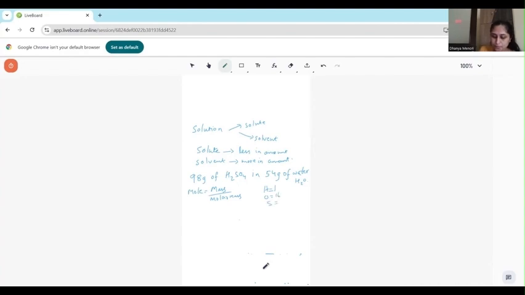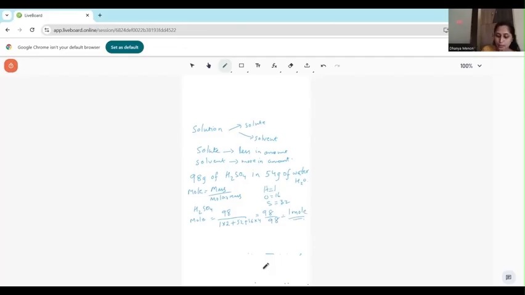Now, sulfuric acid. Let's find out the number of moles of sulfuric acid. Mass in grams is 98 over the molar mass of sulfuric acid. Hydrogen is 1, but there are 2 atoms. Sulfur is 32. Oxygen is 16 times 4, 64, which is equal to 98 over 98, which is equal to 1 mole. So sulfuric acid, the amount is 1 mole.